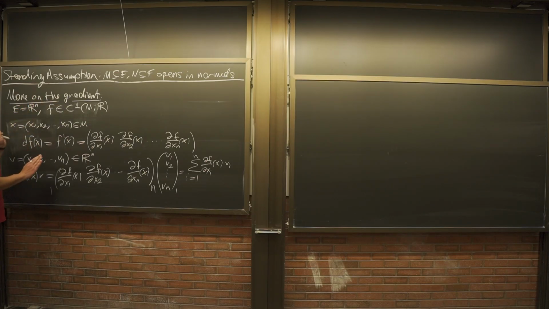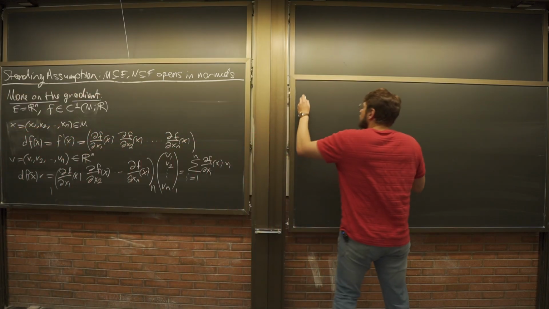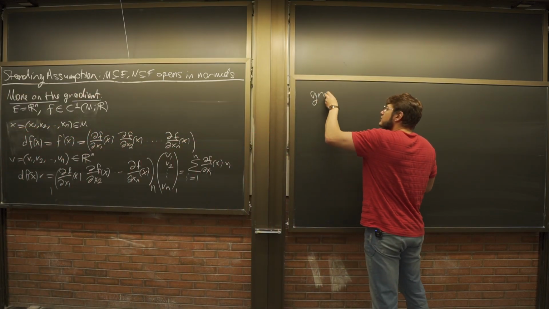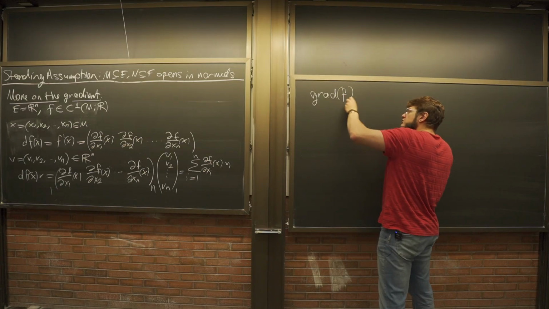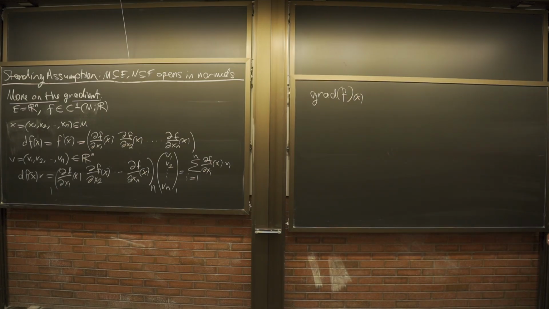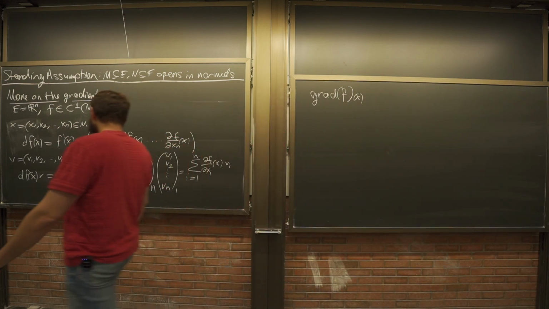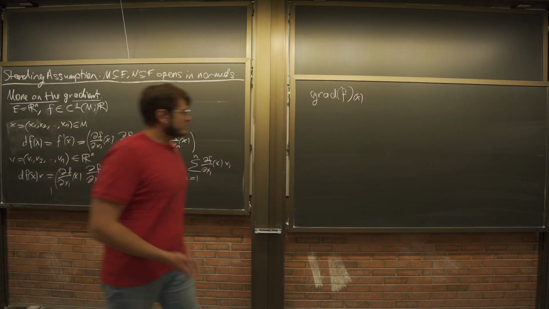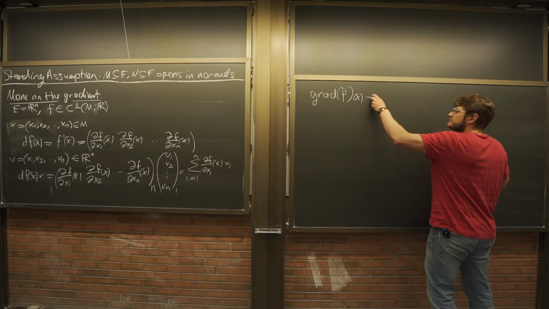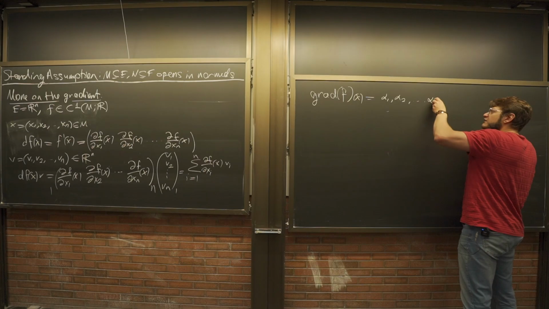In particular, in this case, it is satisfied also. So grad of f at x is a vector. Okay, it's a tuple of numbers. Let's try to figure out its entries. Let's call them for now alpha 1, alpha 2, alpha n.